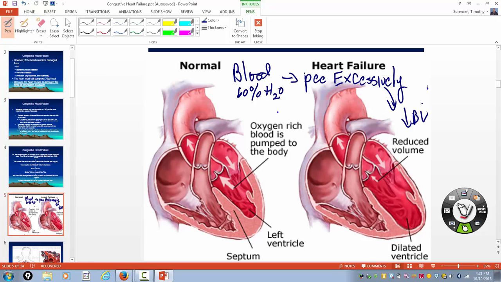And if your blood volume goes down, that's going to decrease venous return to the right side of the heart. And if less blood is in the right side of the heart, the right side won't be stretched as much. That means that the right heart is going to contract with less force, and therefore the stroke volume will go down, and their systolic blood pressure to the lungs is going to go down.